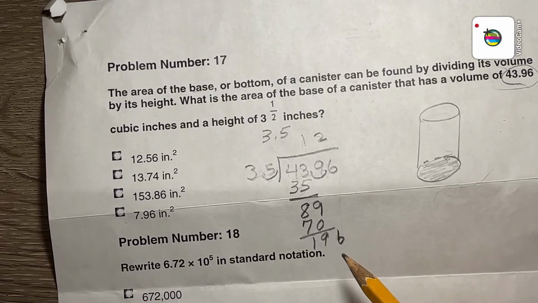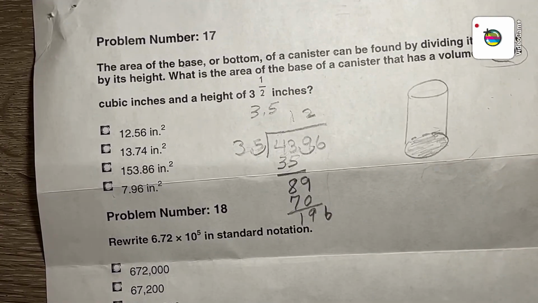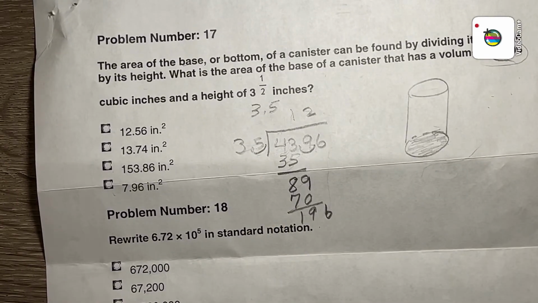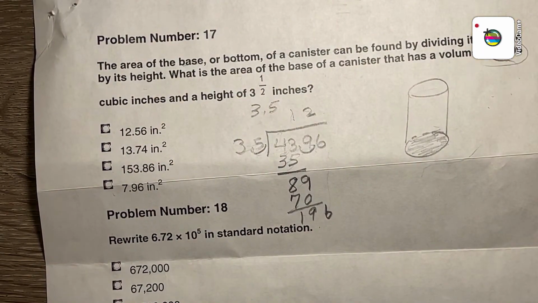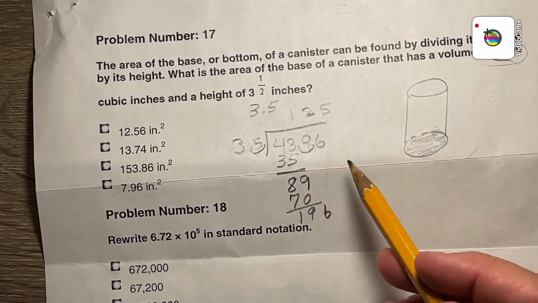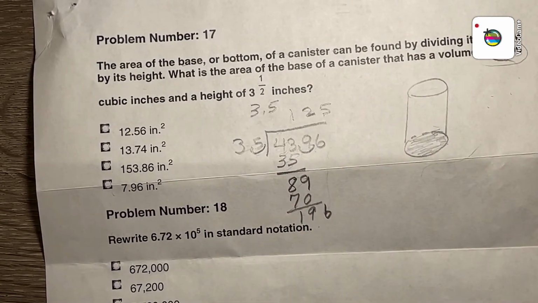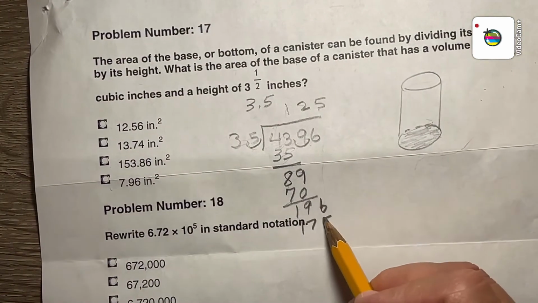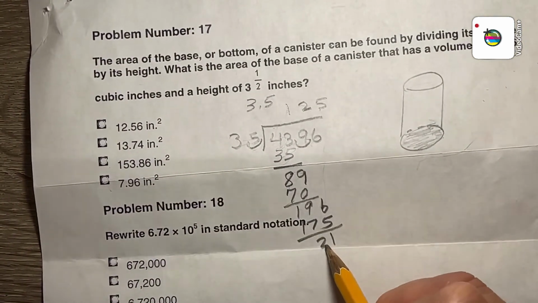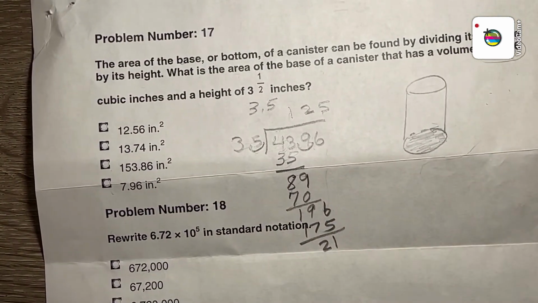Let's drop the 6. 196 divided by 35. 5 times 35 is 175. Subtract that, we get 21.